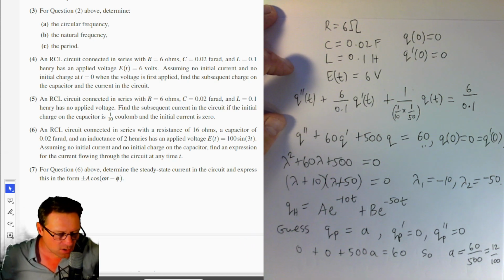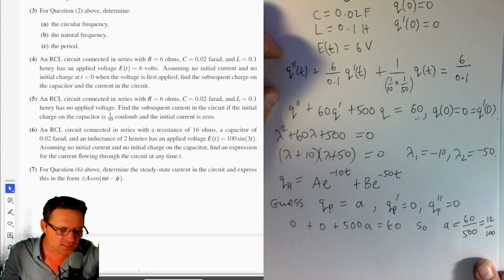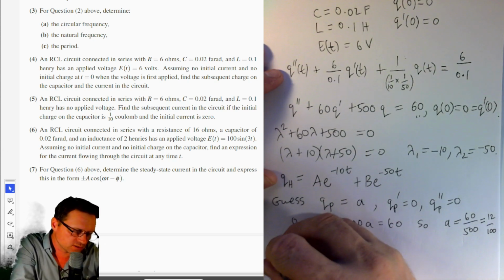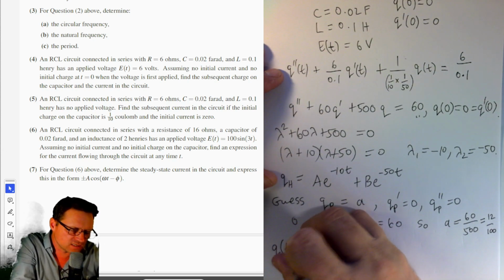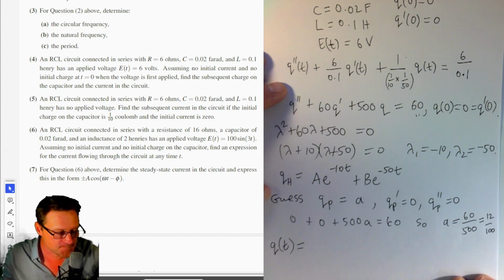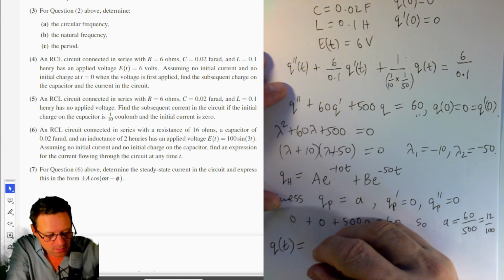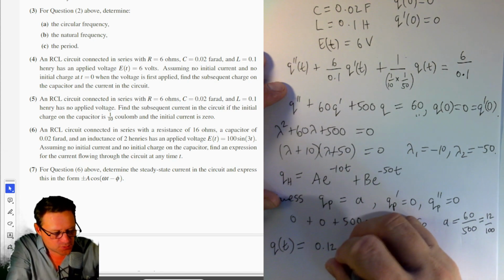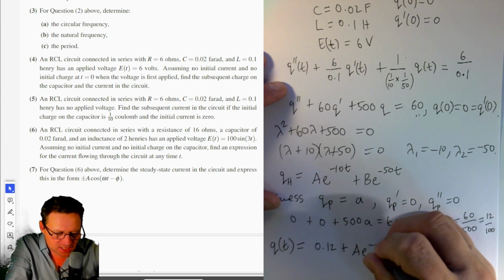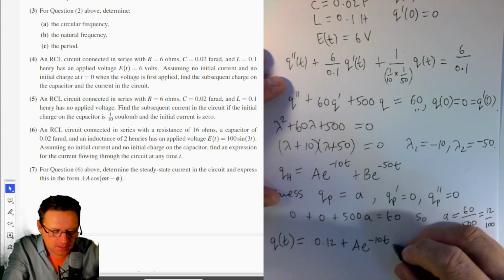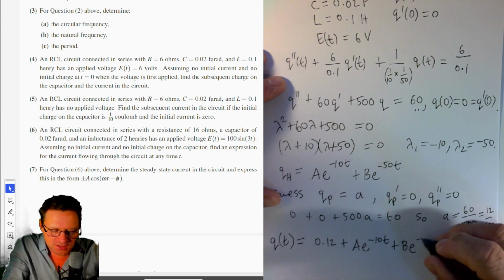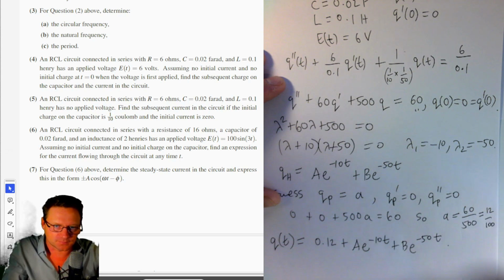All right, so now we can write our general solution, q as a function of t, is equal to 0.12 plus A e^(-10t) plus B e^(-50t).